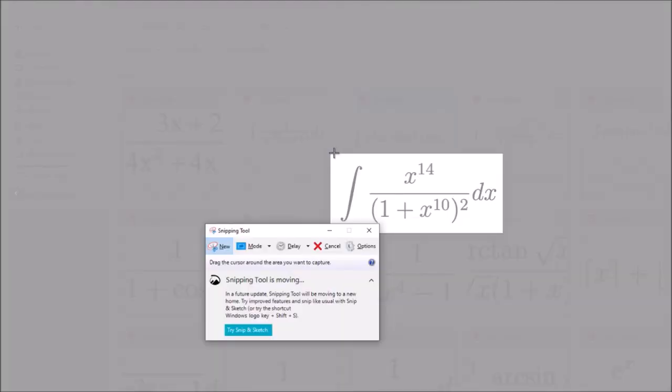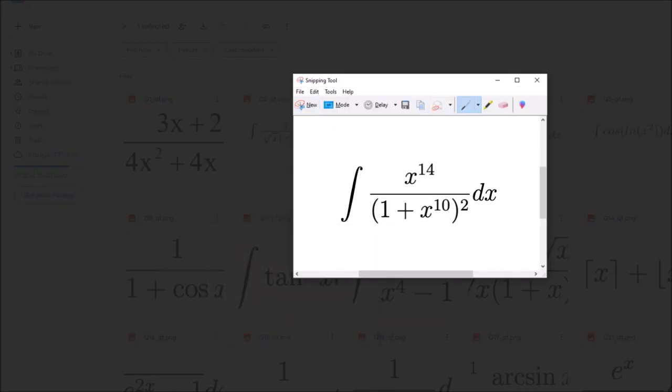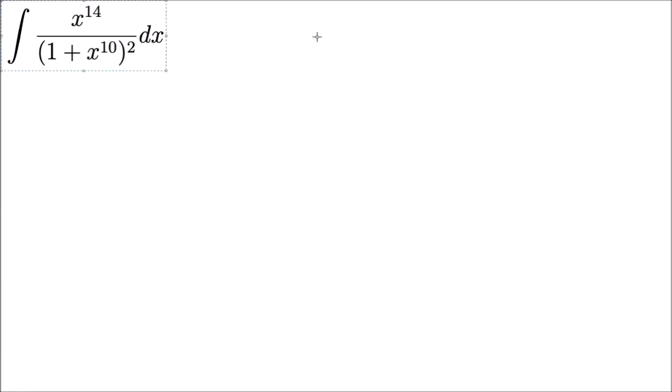Okay, hold on. Actually, I want to tackle this. Do you actually do integration by parts for this one?